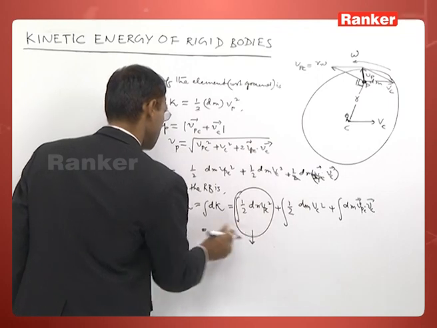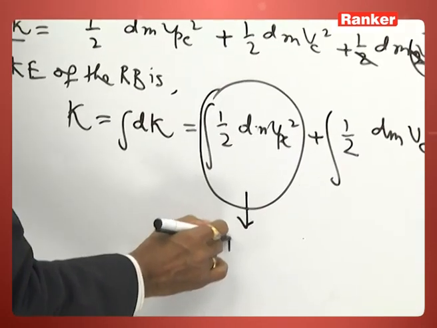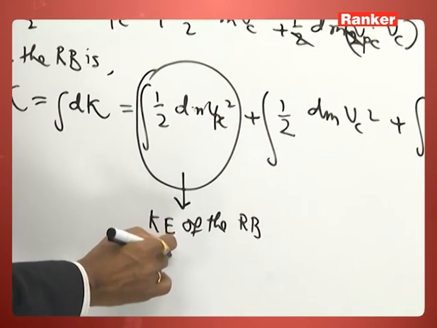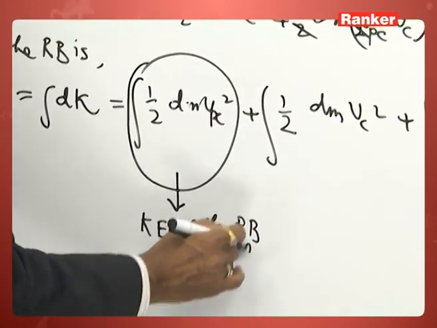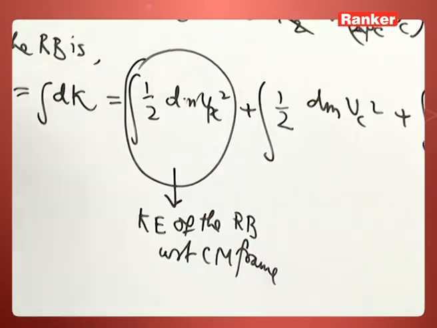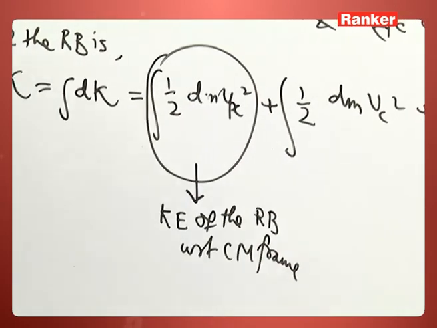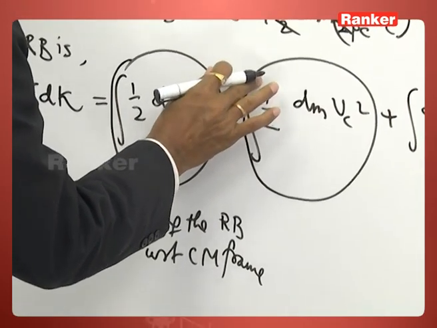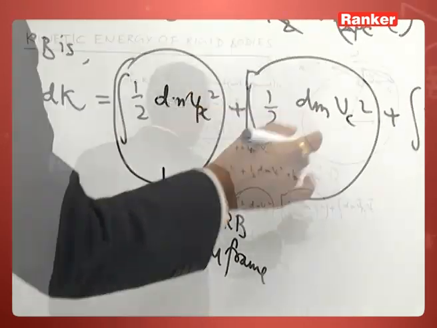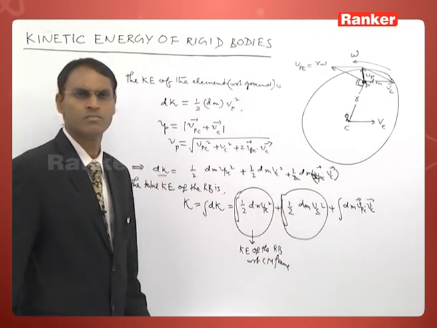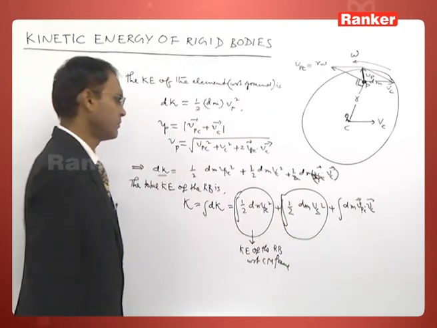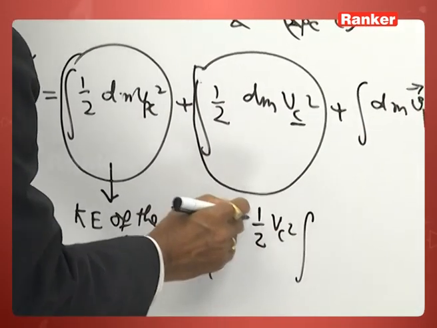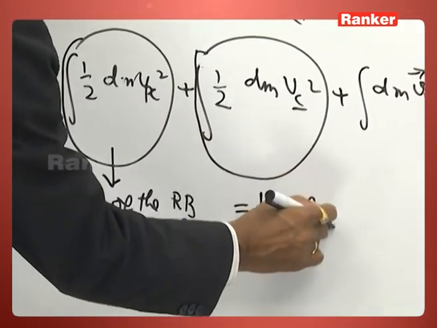So, this physically signifies the kinetic energy of the rigid body with respect to the center of mass frame. In the second term, Vc square into half is a constant quantity and can be taken out of the integral.